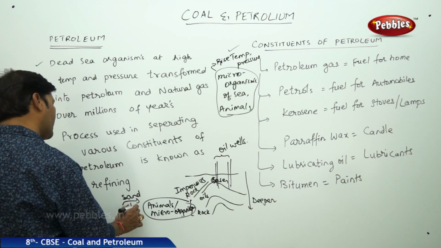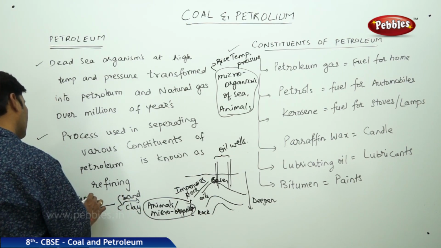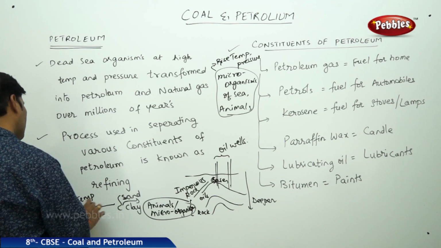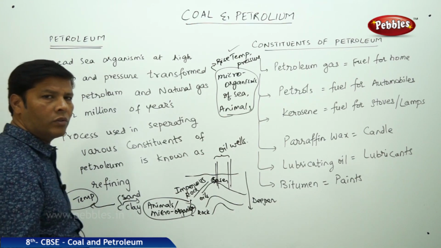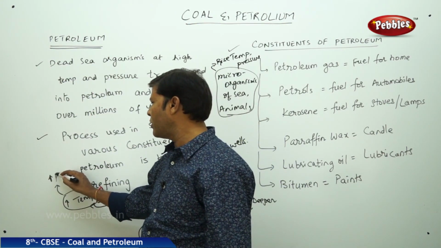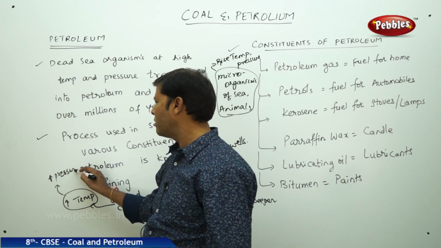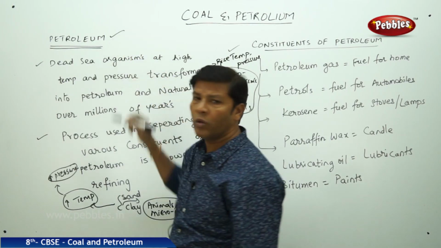Because of this sand and clay, the temperature rises. There is an increase in temperature, and there is also an increase in pressure. So because of this, what is happening? All this is finally converted into petroleum.